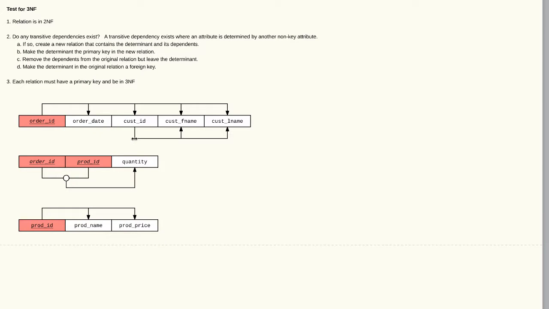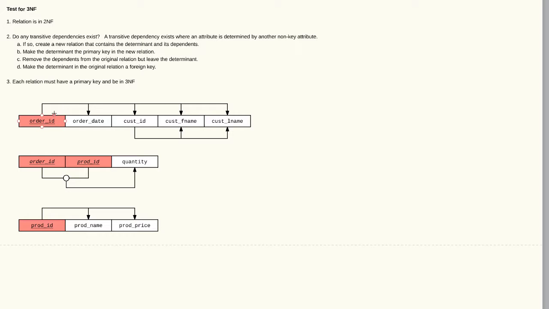So what I'm looking for are transitive dependencies, which is where the dependent depends on a determinant that is a non-key field. So for example here, order date is a dependent. The determinant is the primary key. That's a full dependency. Customer ID, same issue. Customer F name has two determinants.